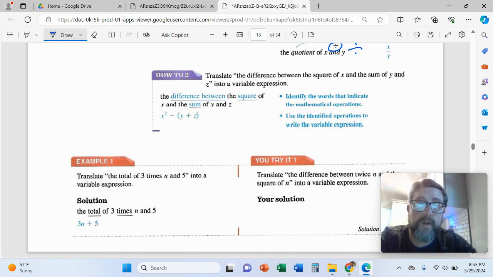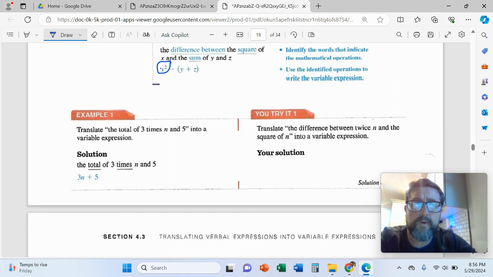They show x squared, because you want the difference between the square of x, so they've got the square of x and minus, because it says difference. Then they put y plus z in parentheses, because it didn't ask you for the sum divided by y and then divided again by z. It asked for the sum of y and z, so they put them in parentheses, so you find the sum before you do the subtraction. Hopefully that made sense. I might have goofed up a little bit on my words.